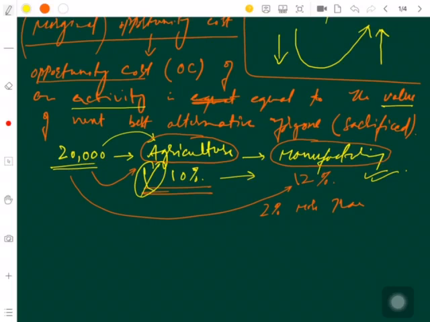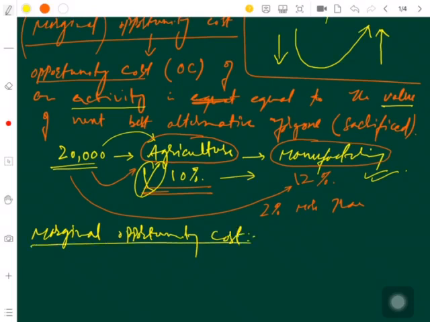Same you can talk in terms of marginal. Now I will combine this opportunity cost. There will be a slight change.